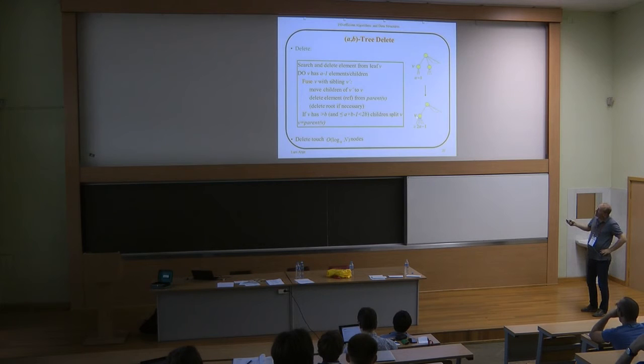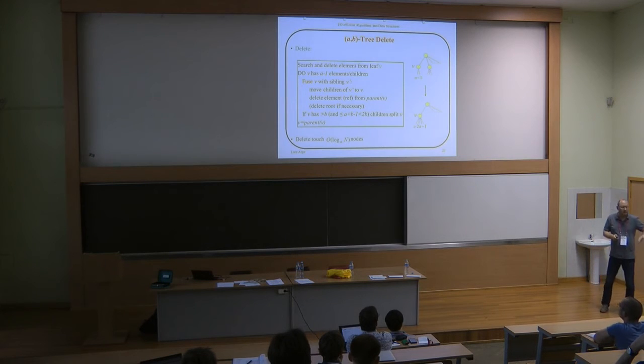Now I know that this 1 new node has at least 2A minus 1 children, or elements. Because it got A minus 1 from this node, and its sibling here was okay, so it has between A and B, so it has at least A. So the new one I get has at least 2A minus 1. That's more than A, so I'm fine, right?